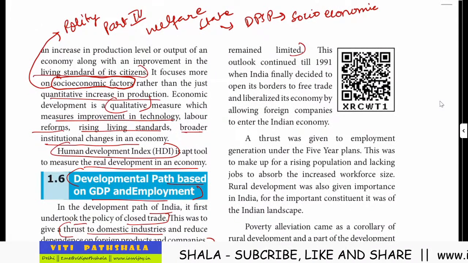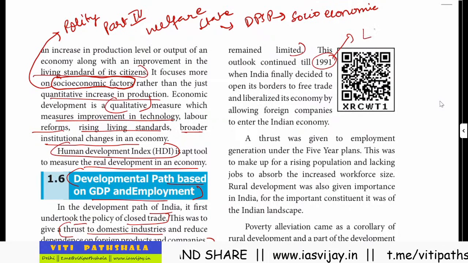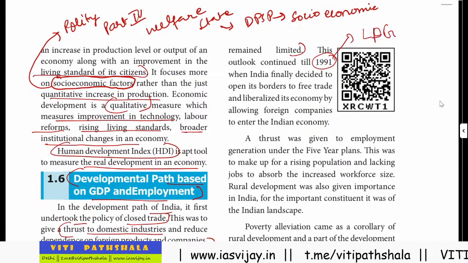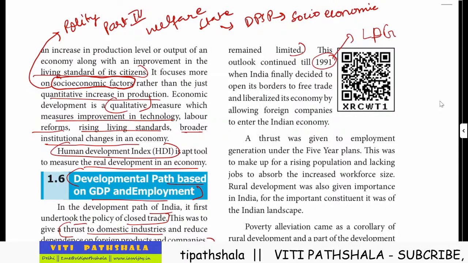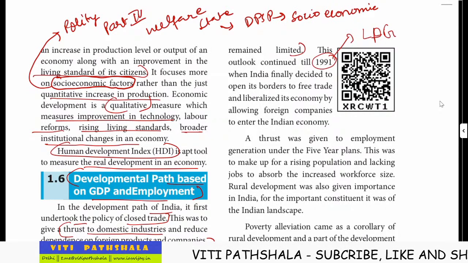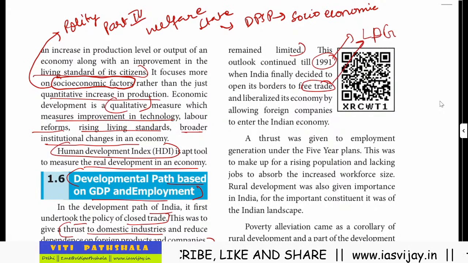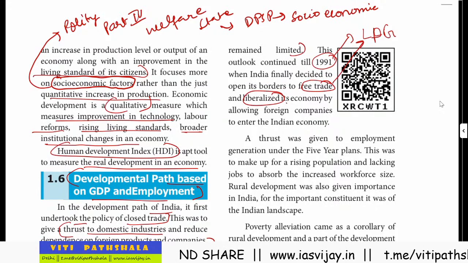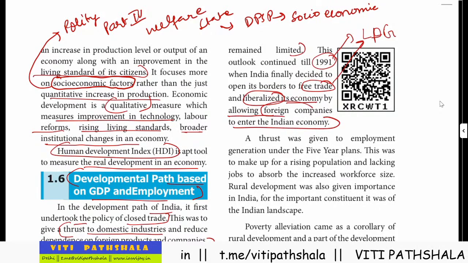This outlook continued till 1991, when the LPG came. India finally decided to open its border to free trade, that is the liberalization, and liberalize its economy by allowing the foreign companies to enter the Indian economy.